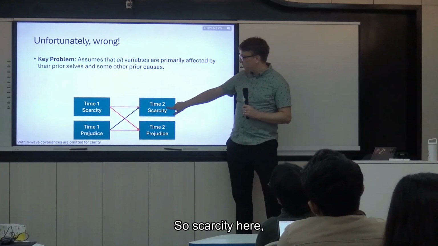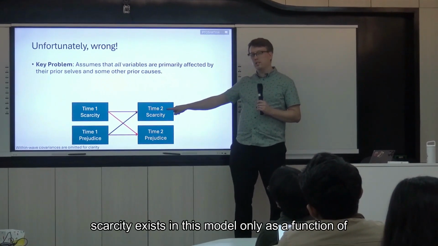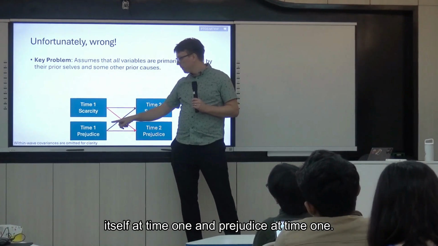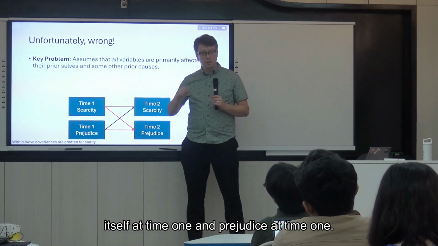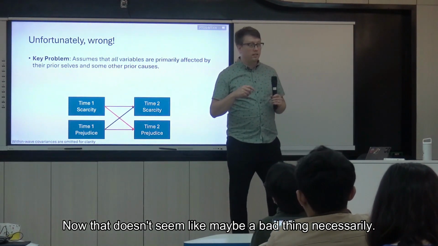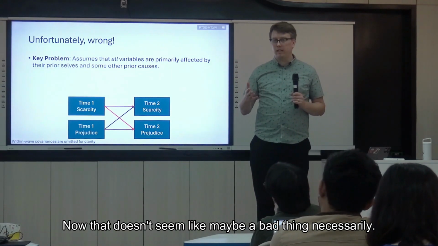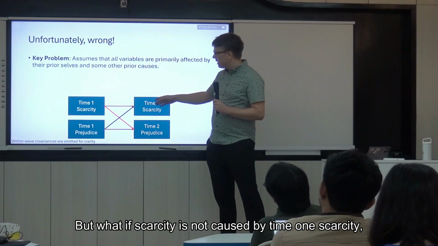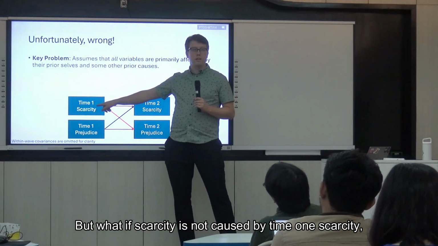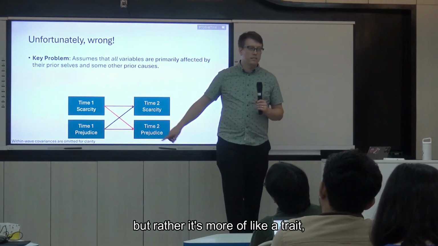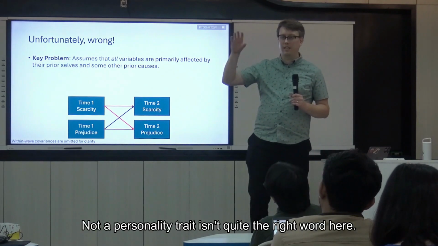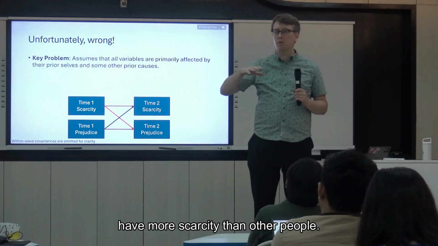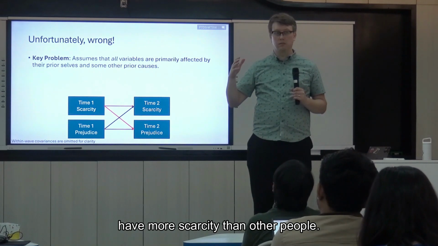So scarcity exists in this model only as a function of itself at time 1 and prejudice at time 1. Now, that doesn't seem like necessarily a bad thing, but what if scarcity is not caused by time 1 scarcity, but rather it's more of like a trait, not a personality trait, that isn't quite the right word here, but there are some people who just chronically have more scarcity than other people.